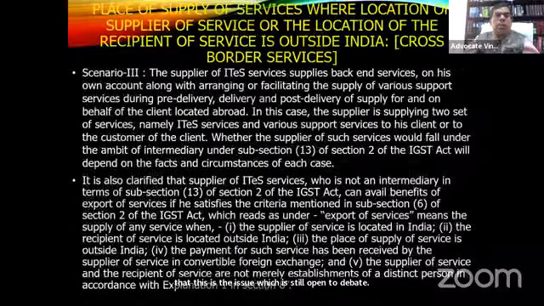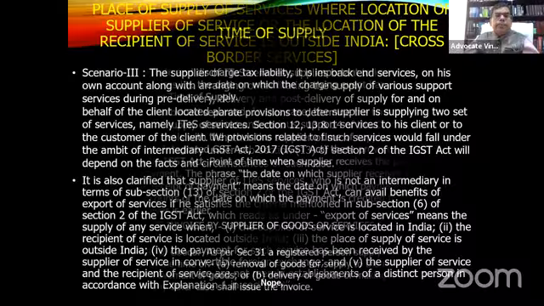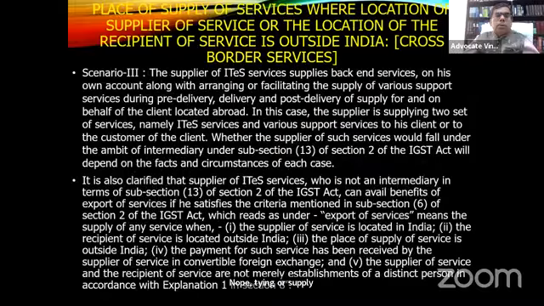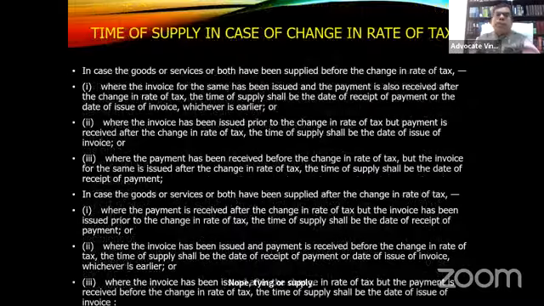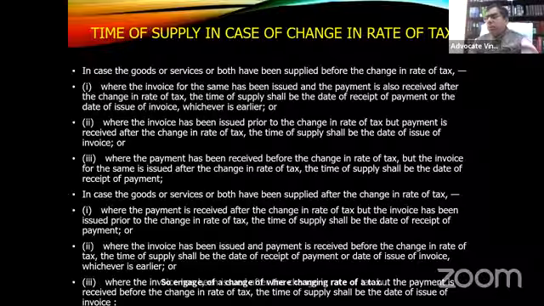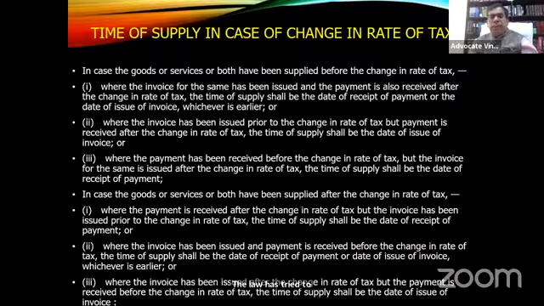Now, time of supply will also be essential to be determined if there is a change in rate of tax. So in case of a change in rate of tax, the law has tried to sync the time of supply with the taxable event.